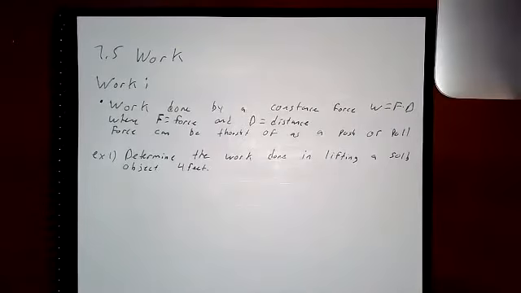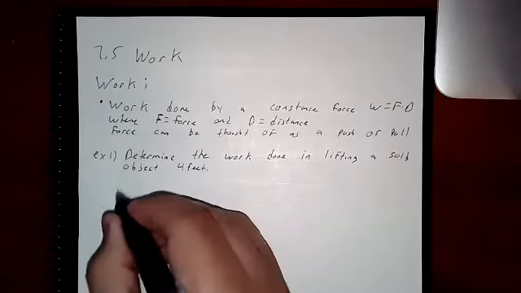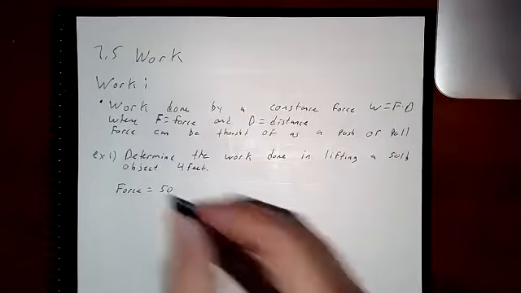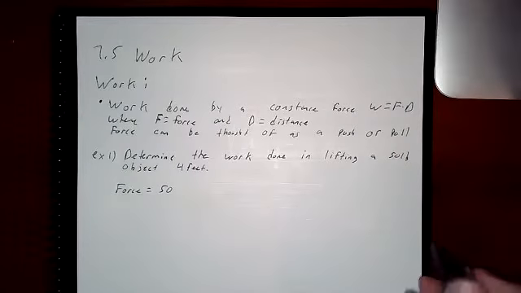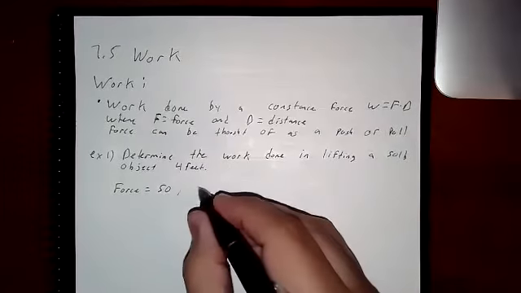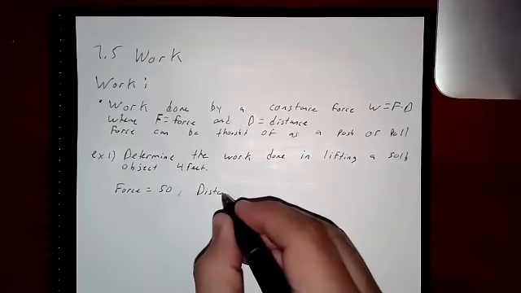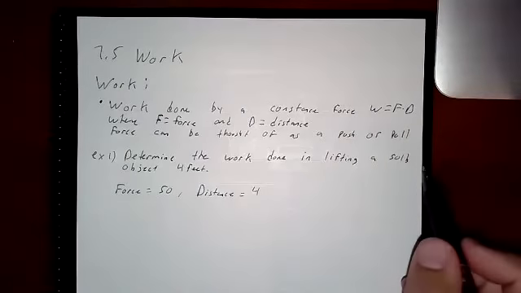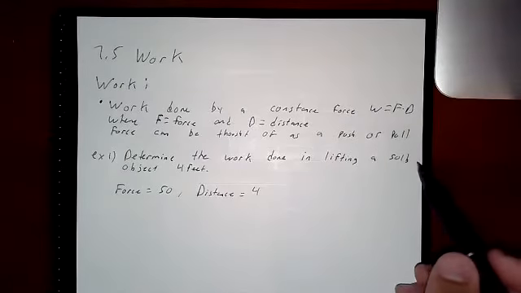So I'm picking it up 4 feet. Okay. You want to know how much work are you doing? So we got the force, right? Equal to 50. We have distance equal to 4. So right now we're using the imperial units, right?